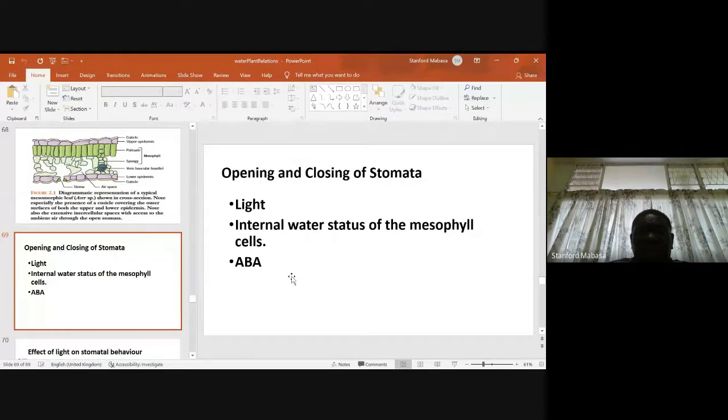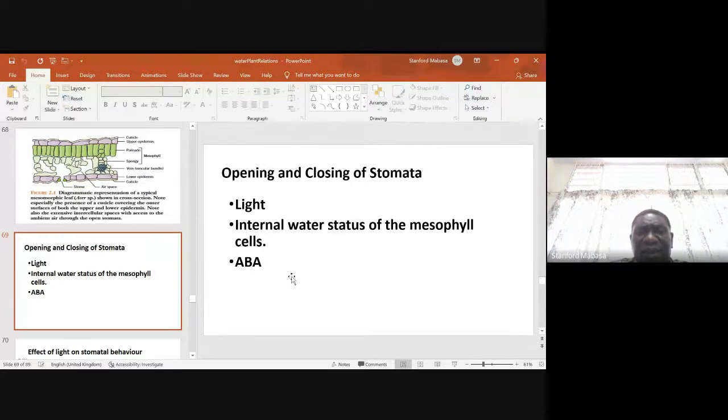I'm going to explain the opening and closing of the stomata because it can regulate what enters the plant or what leaves the plant. So what regulates the opening and closing of the stomata is the light, number one.